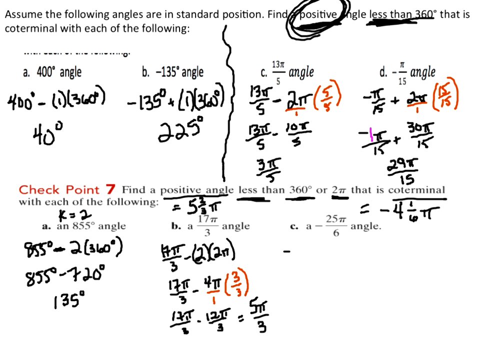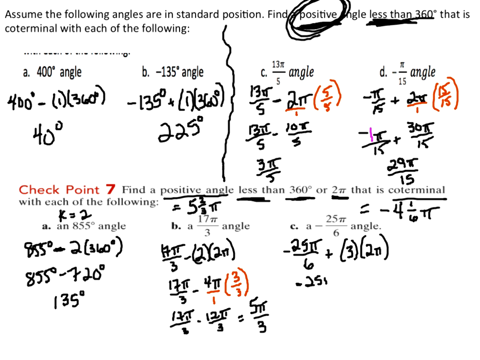So for this one, I start out with negative 25 pi over 6, and my k is going to be 3. I need to add 3 full revolutions to get back into the positive side.